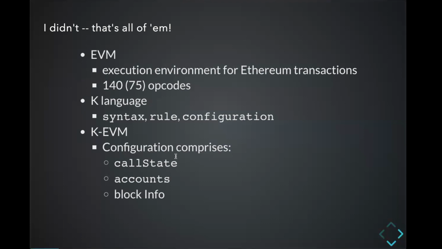The address, the storage, the balance, the nonce, and probably one more thing. And finally, we also have access to a bunch of block information, such as the difficulty, the Coinbase, the state root, the logs bloom, the mix hash, and on and on. So these are really the three big categories of the KEVM configuration.